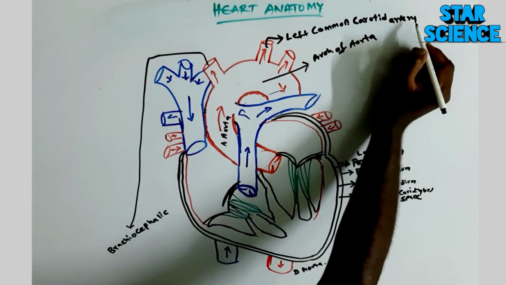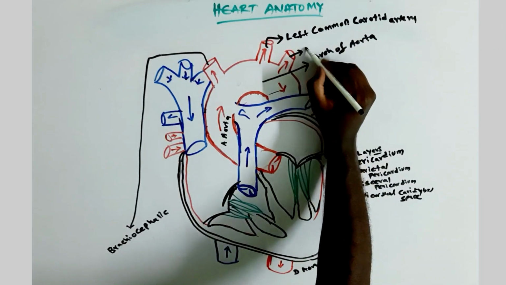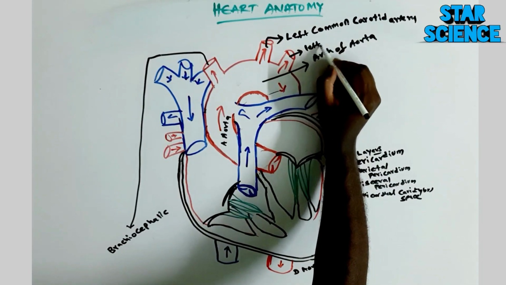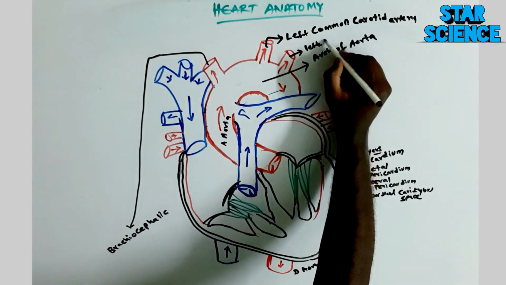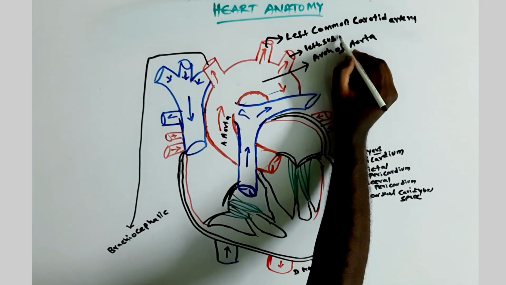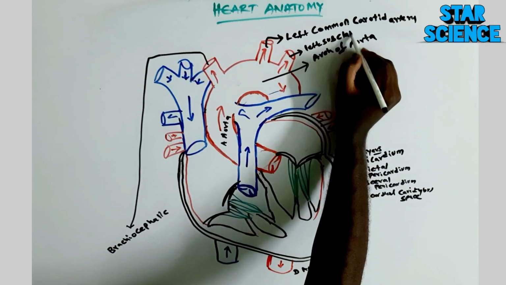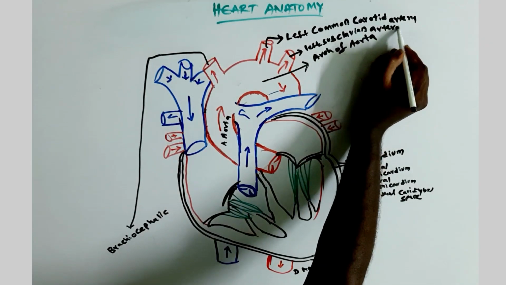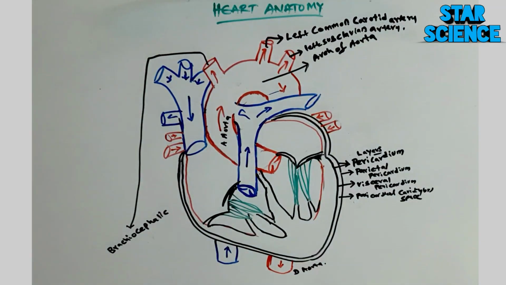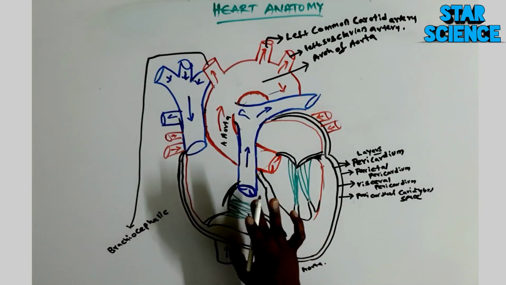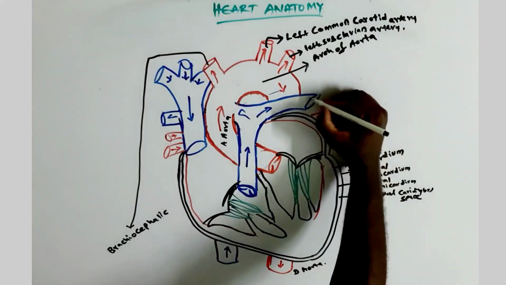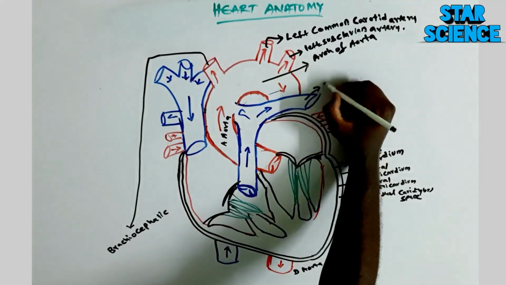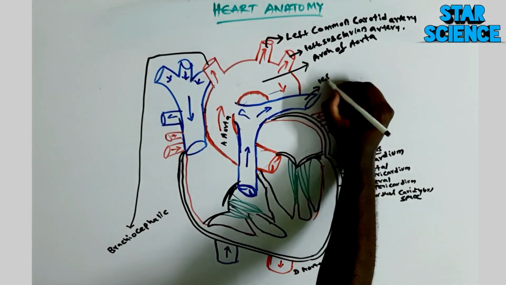The next one is called the left subclavian artery, which means blood is supplied to the left upper limb. So this is the blood which is taken to the upper portion of our body through the arch of the aorta.